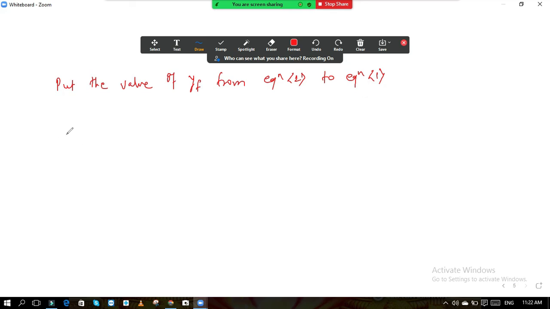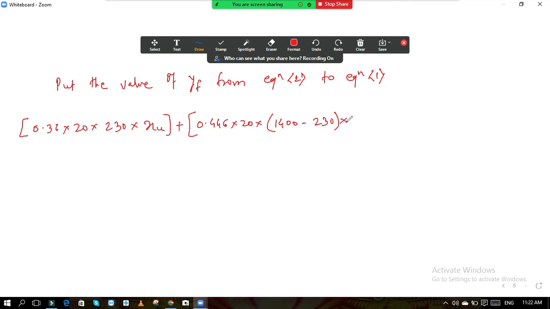So what will equation 1 become? It is 0.36 FCK BW into XU as it is, plus 0.446 FCK BF minus BW into YF. YF is nothing but 0.15 XU plus 26.